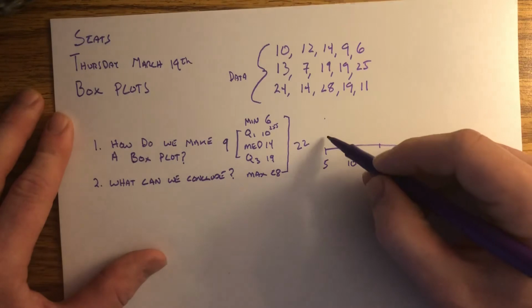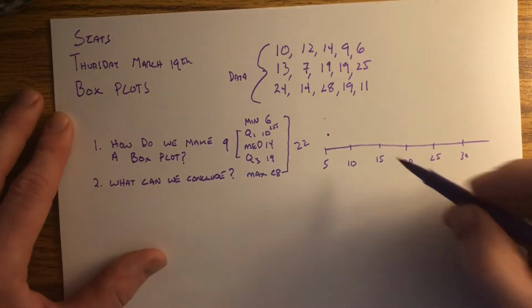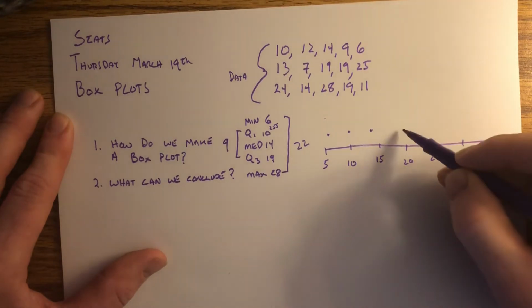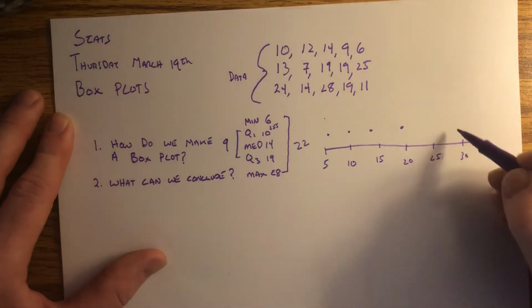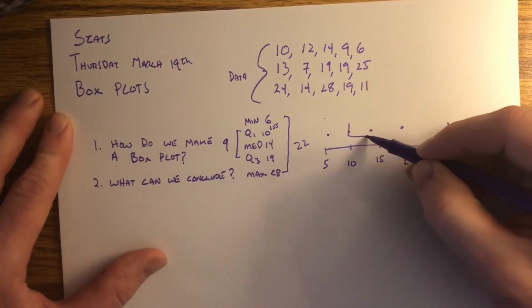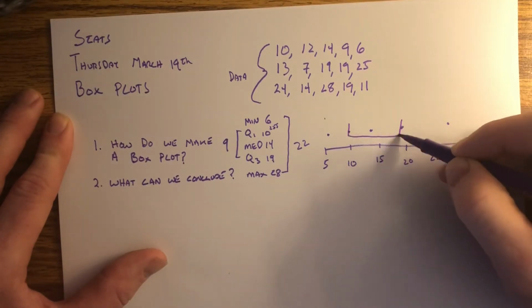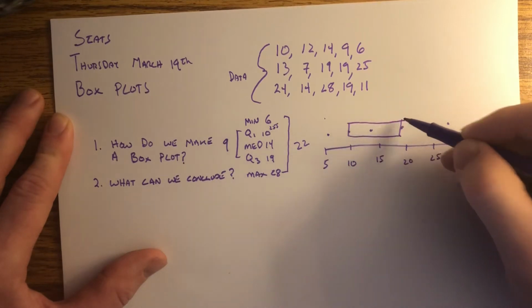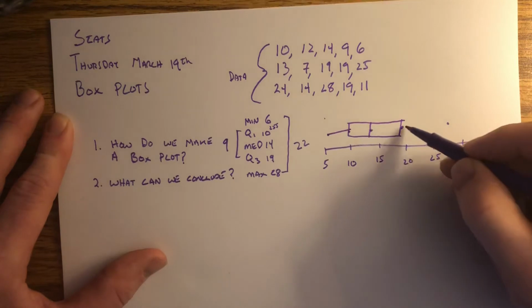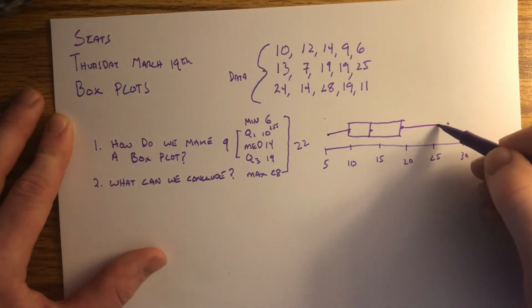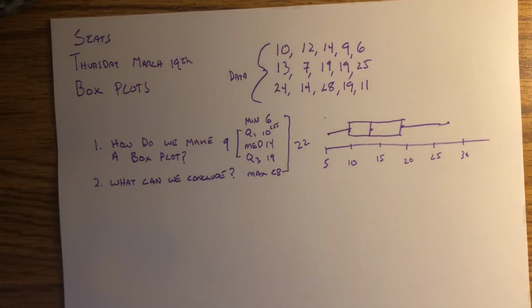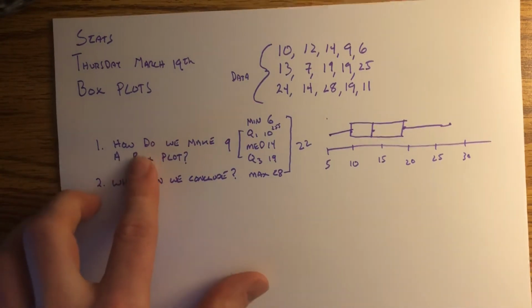And then I would put little tick marks at 6, 10, 14, 19, and 28. And then to make the box plot, you put a box around Q1 and Q3. Put a line down the median. And then connect these. Cool. Remember, that's how we make the box plot.